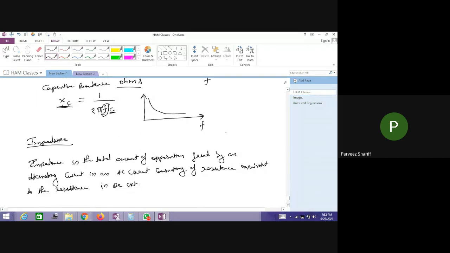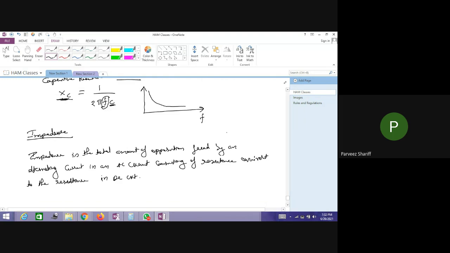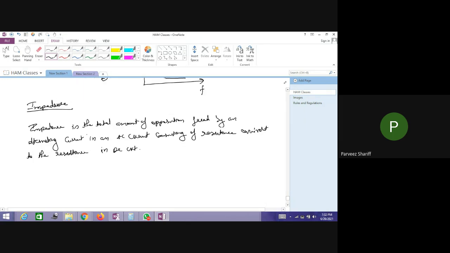And what is impedance? Impedance is nothing but the total sum of these reactive elements. The formal definition of impedance is the total amount of opposition faced by an alternating current in an AC circuit, consisting of resistance, equivalent to the resistance in a DC circuit.